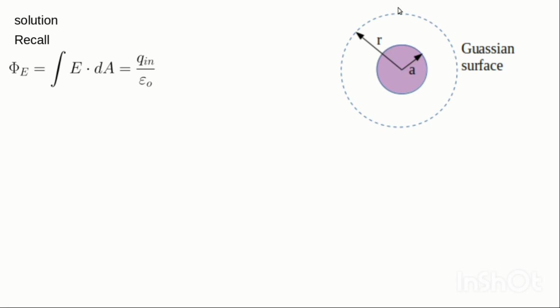We are interested in calculating the electric field at this point, which could be anywhere around. So the r here is from the center to any point here. This point is on a Gaussian surface. So we're interested in calculating the electric field at this point as a result of this charge Q.